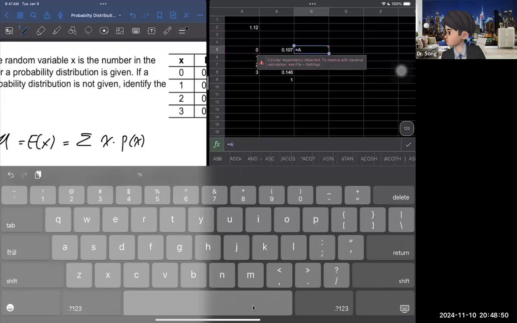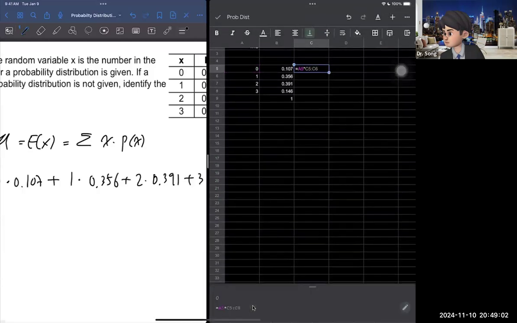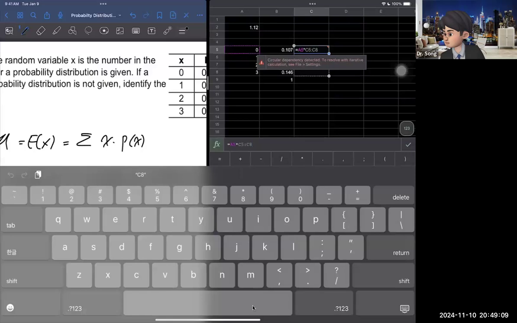So this cell is, I calculate the multiplication of the A5 cell in my case times this one. There is a way to auto-fill. A5 times B5.